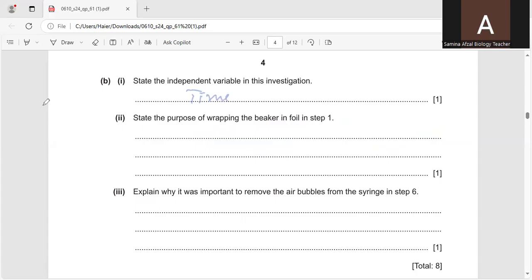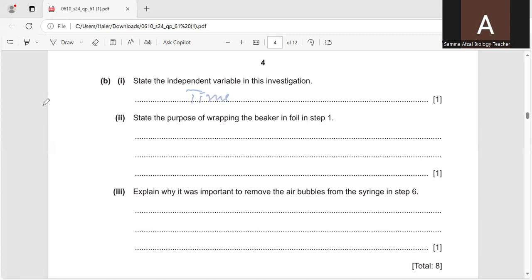Because according to the time, the volume of the DCPIP is changing. So the volume of the DCPIP is the dependent variable, whereas the time is the independent variable.